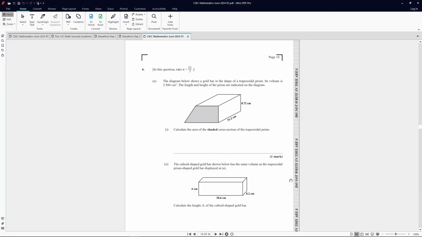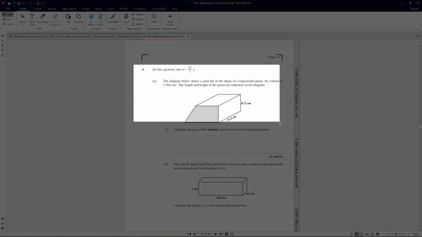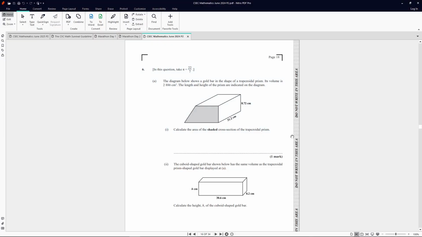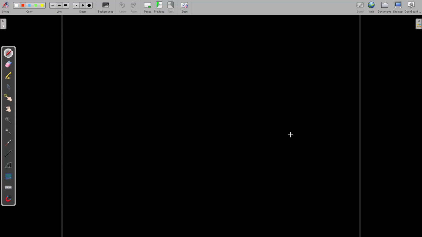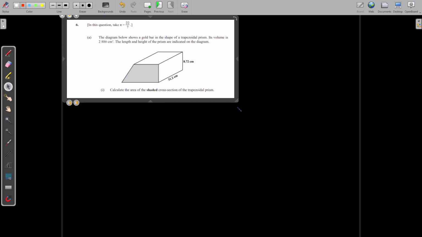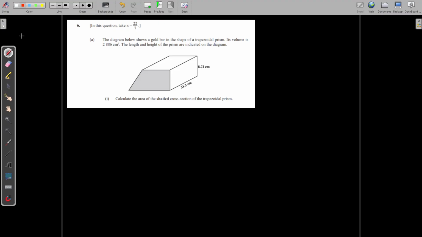Alright, so question 6, this is where you'd usually find your measurement questions. These questions typically test volume, area, surface area, and those types of things. This is still from 2024.